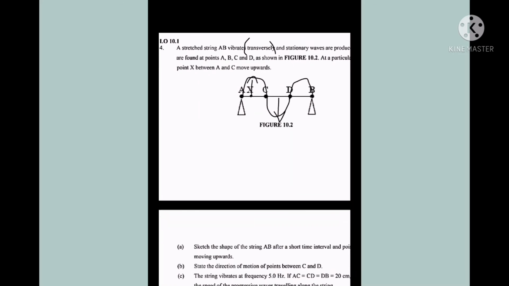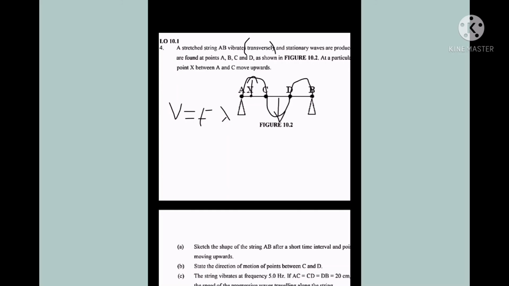As we can know, we can use the formula v equals f λ. The formula is v equals f λ. Okay, I will write it properly. v equals f λ.